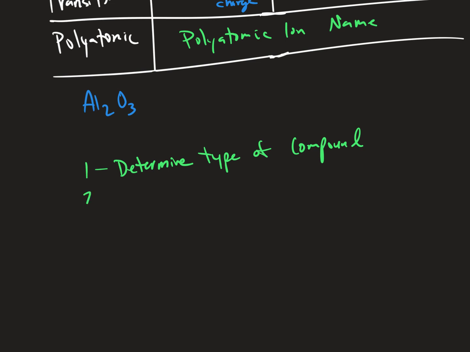Okay, step 2. Write the cation first and the anion second. We'll write the name of the cation first and then the name of the anion second. That's it. Good enough?